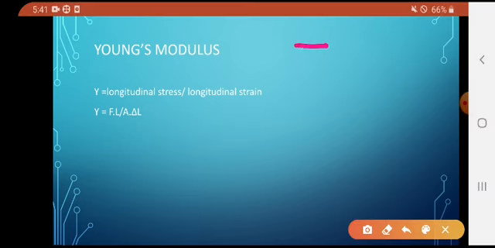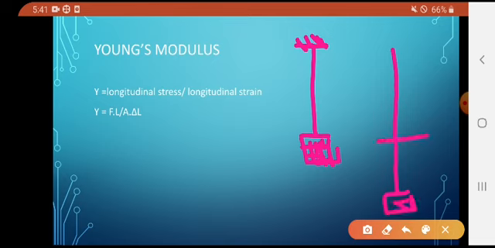For example, here a rod is loaded with some load, then its length increases from here to there. This is the change in length. So longitudinal stress is force by area.